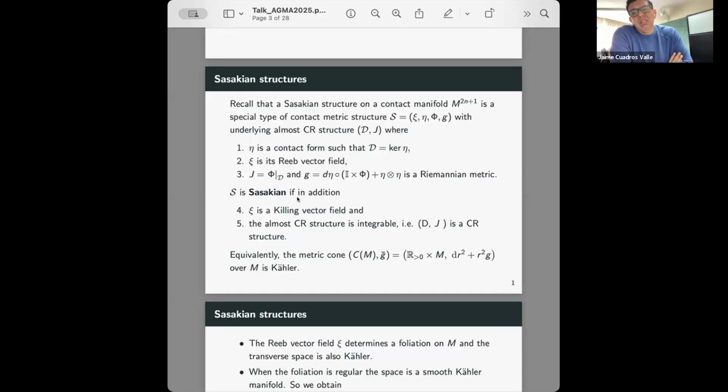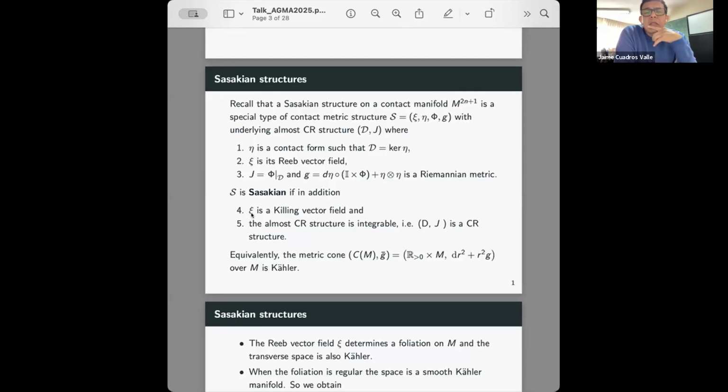And also we would like the Reeb vector field to describe some geodesics. So we mainly say it in different fashions, saying that the Reeb vector field is a Killing vector field. And also, since this Reeb vector field is going to define a one-dimensional foliation, the transverse space, the quotient space, will define a very nice object that we would like to exploit.